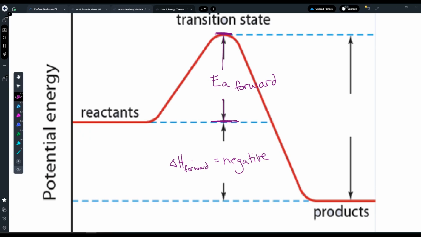Where that is coming from is from here down to the potential energy of our products. So in between the potential energy of your reactants and products, that's where your delta H, or your change in enthalpy for your forward reaction, is.